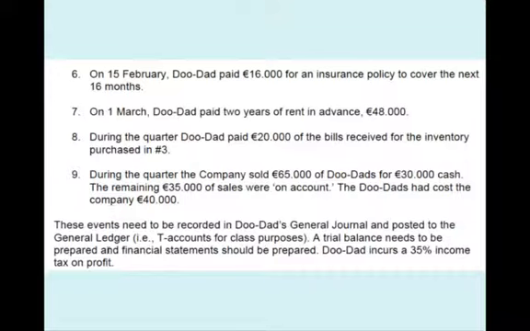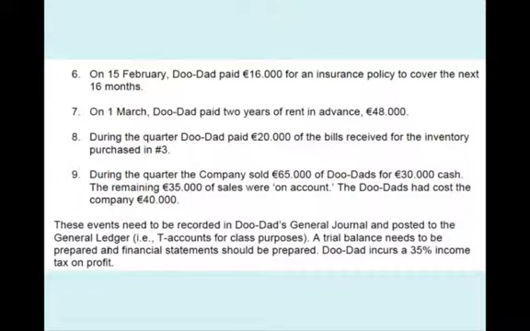They paid that $20,000. And finally, in number 9, during the quarter, we sold €65,000 worth of doodads for €30,000 of cash and $35,000, quote, on account. That is, our customers are going to pay us later.